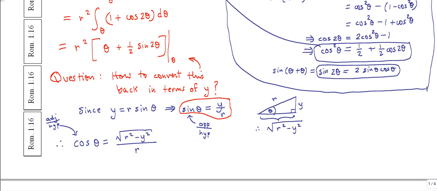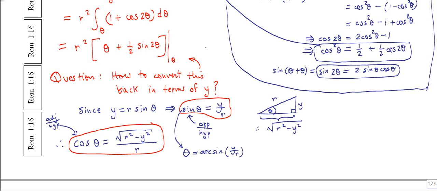Okay, so we've got that result here. And one other thing that we will need is to know what theta is. If you solve for theta, you'll find that theta is equal to arc sine of y over r. So let me put a box around it. Okay, so I think we've got all the pieces to our puzzle here.